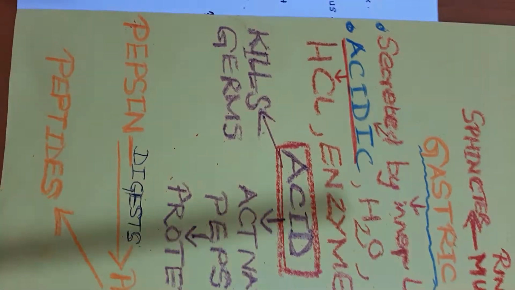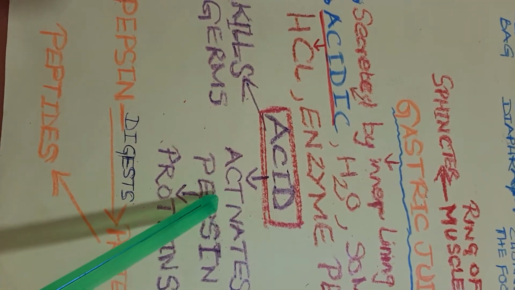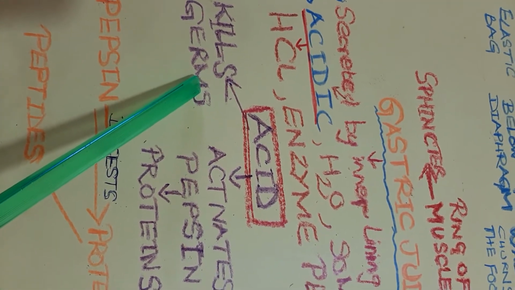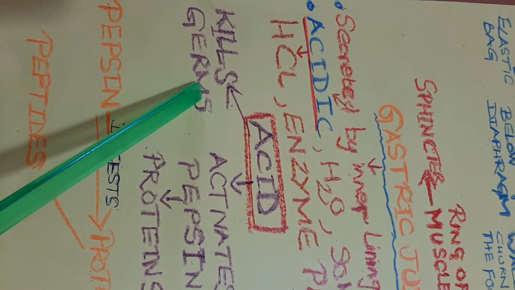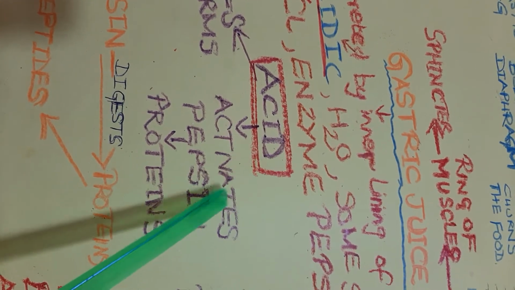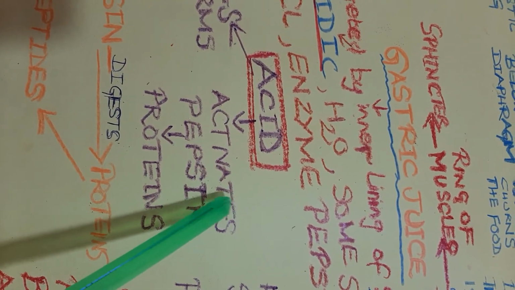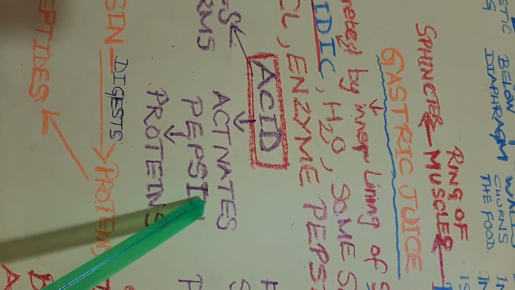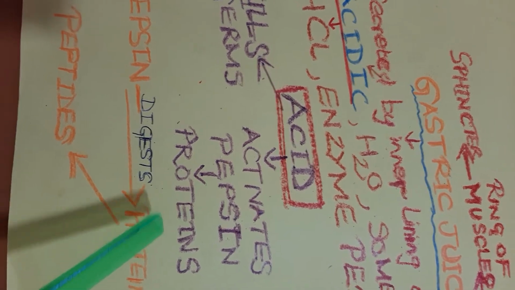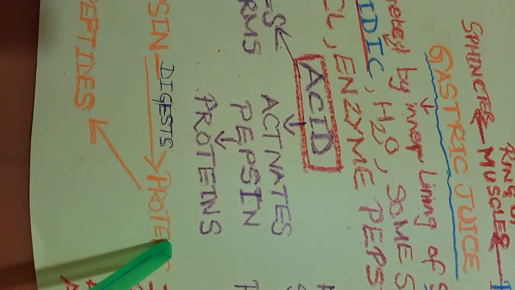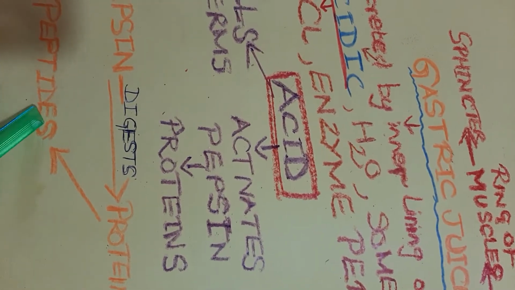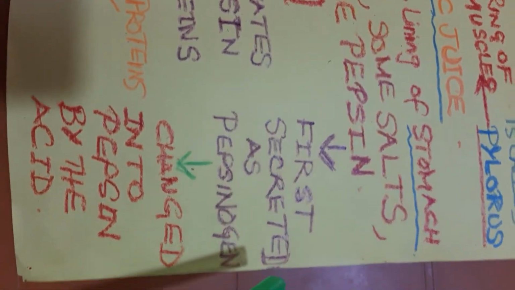Because this gastric juice is highly acidic, it kills the germs which may have entered the stomach. Another thing the acid does is activate pepsin, which acts on the proteins. Pepsin digests the proteins and turns them into peptides, which are a simpler form of proteins.